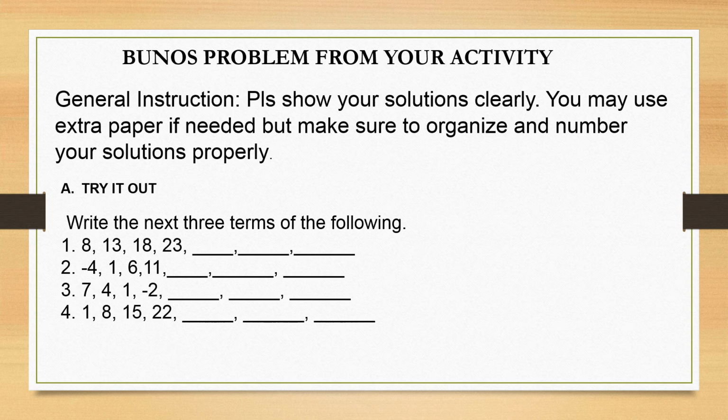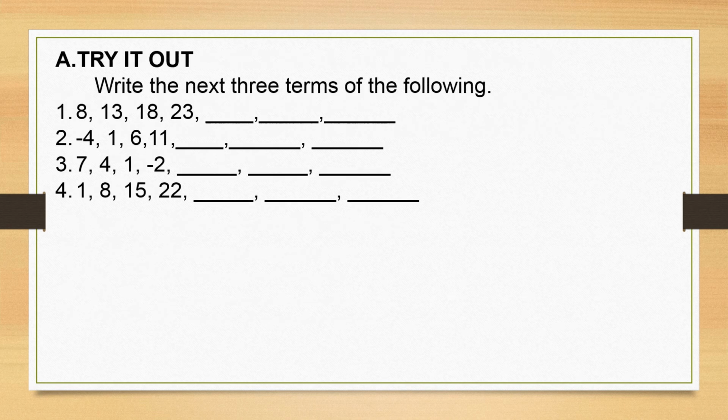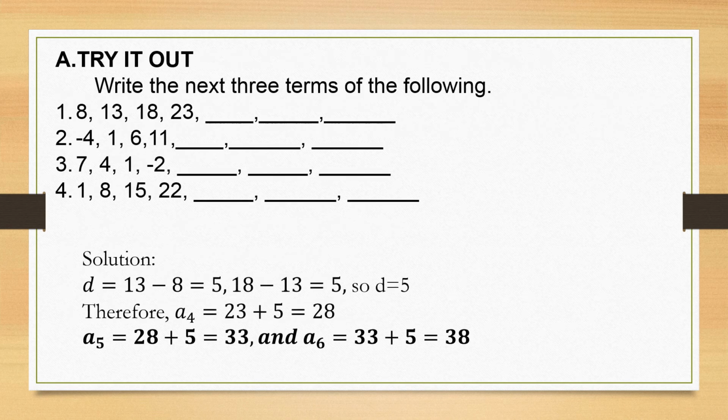Of course, the same process applies as in the previous problem: we have to get the common difference first. So here is the solution. The common difference is 5 because we subtracted 8 from 13, 13 from 18, and 18 from 23, and we get the same difference, which is 5. What we want to identify is a sub 5.